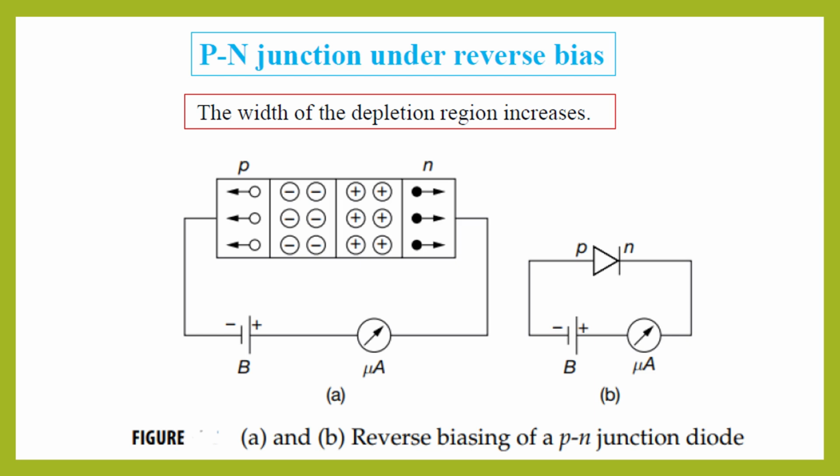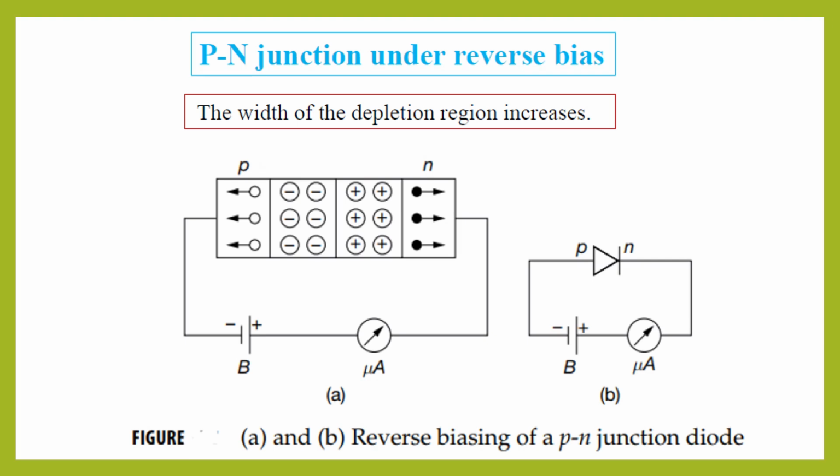If we draw the graph between voltage and current for forward and reverse bias, we get this type of graph. These are non-linear curves. On the x-axis we take the independent parameter, voltage, and on the y-axis the dependent parameter, current.